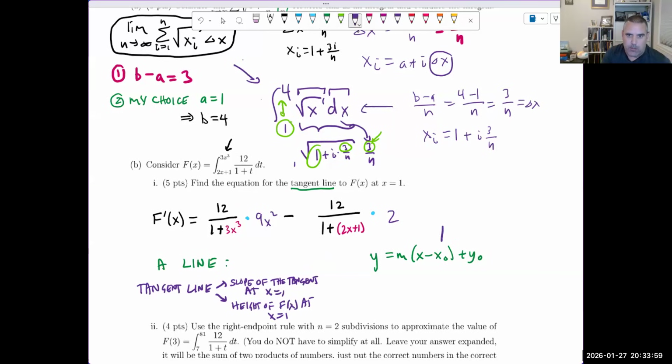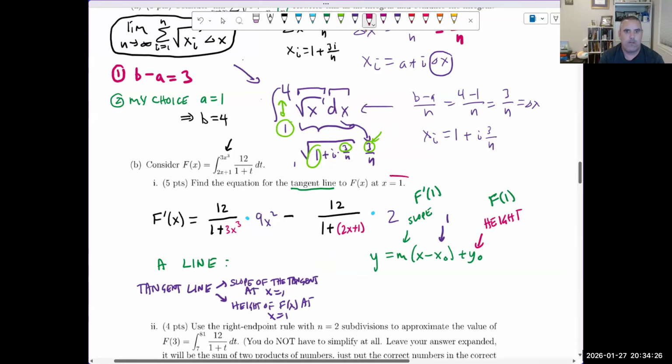So I know the x value is 1. What I need to know as well is the height and the slope. And the slope of the tangent line, that's what f prime is. So I need f prime of 1 and I need f of 1. So this was just an indirect way to ask for the derivative. The 1 is coming from the question here. Good point.